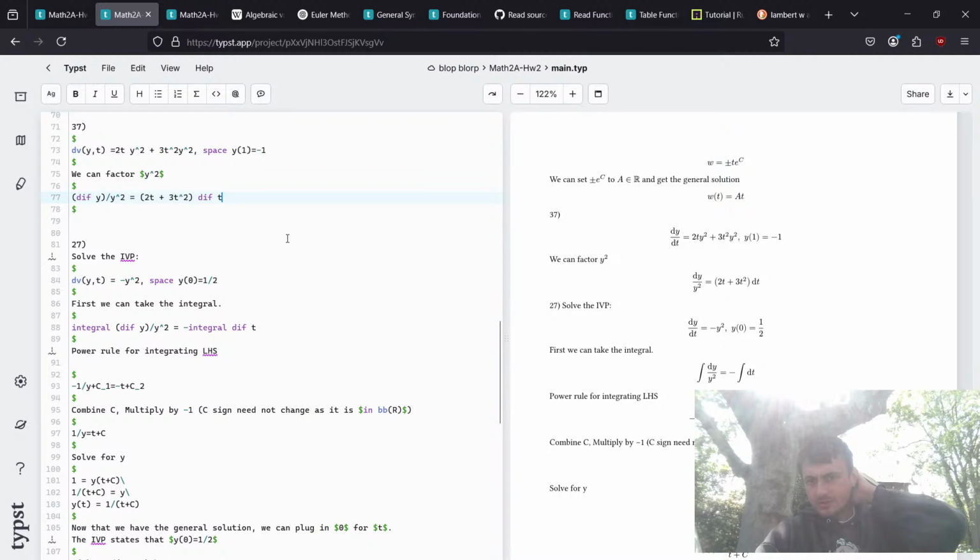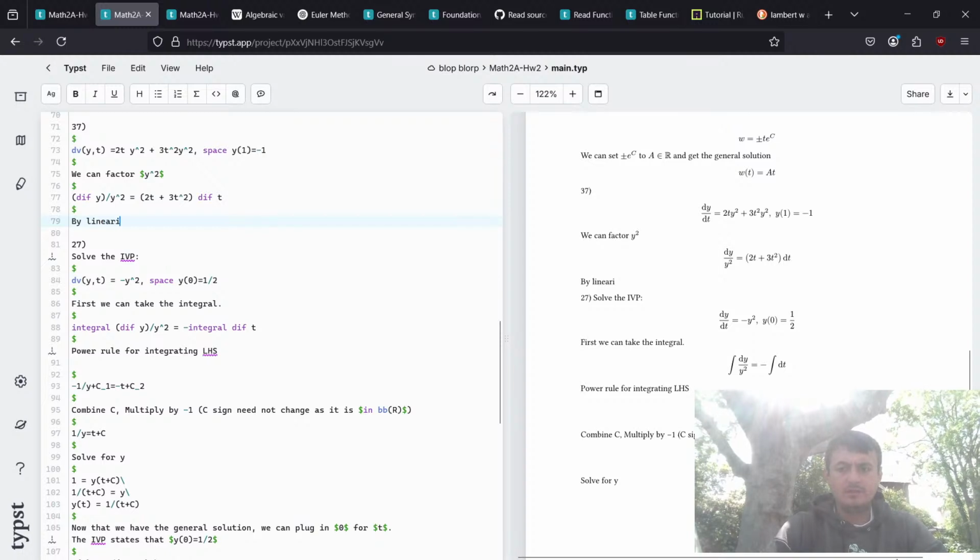All right. Okay. By linearity of the integral, we integrate the right-hand side integral.